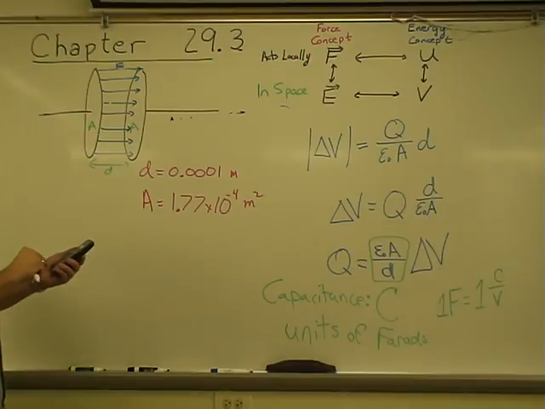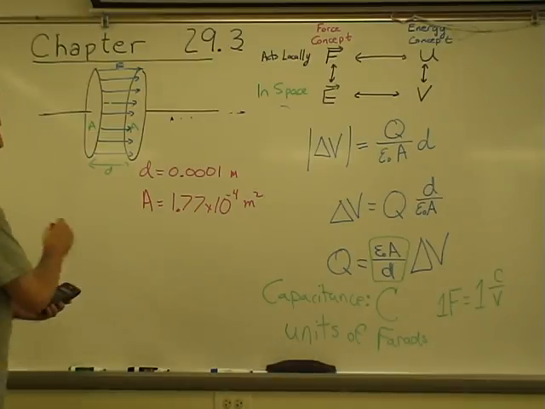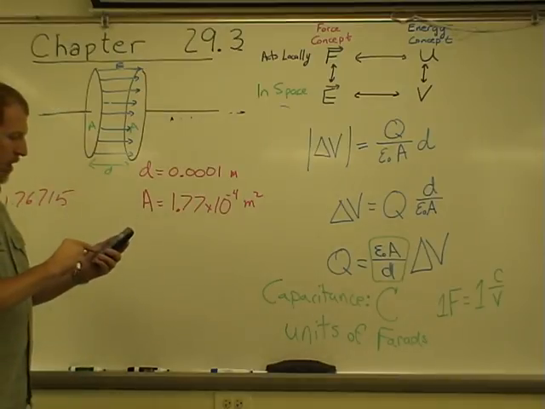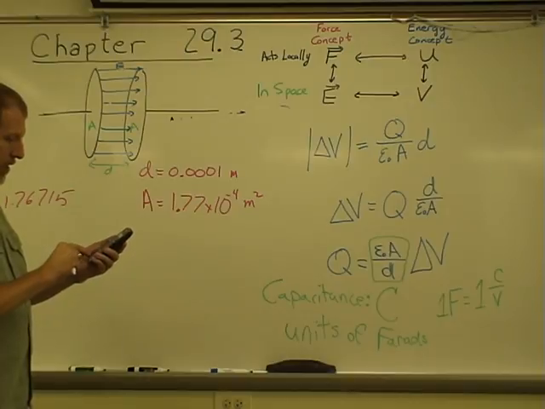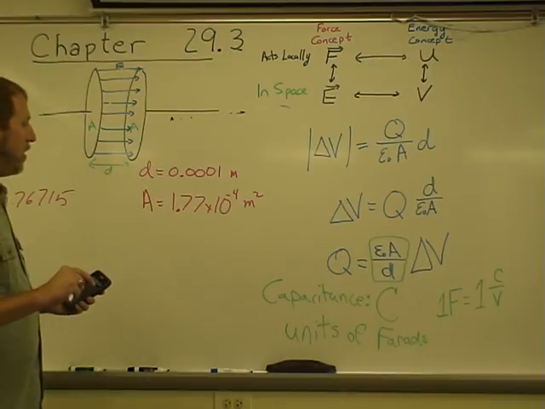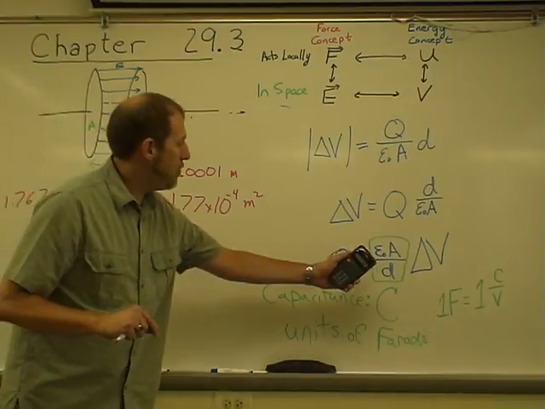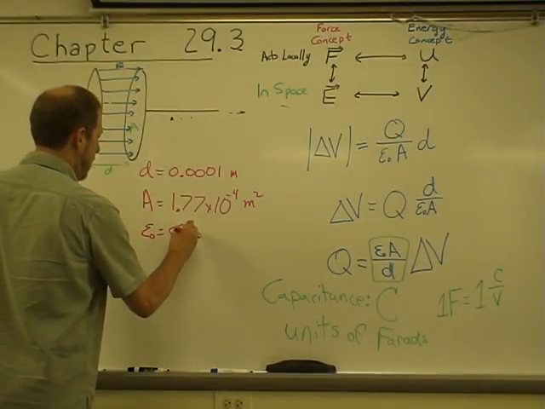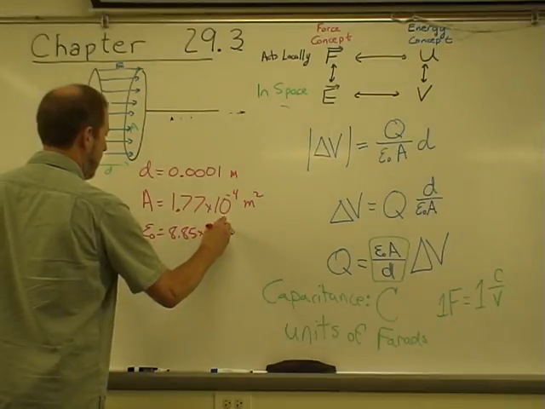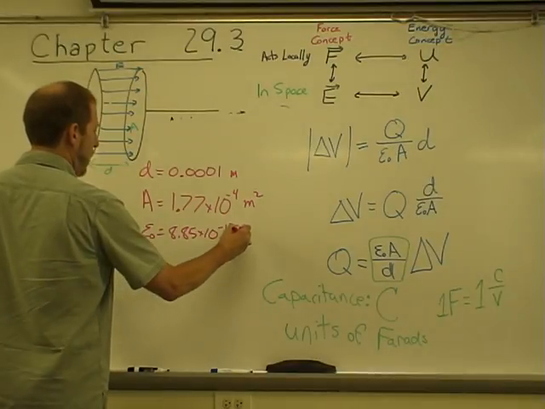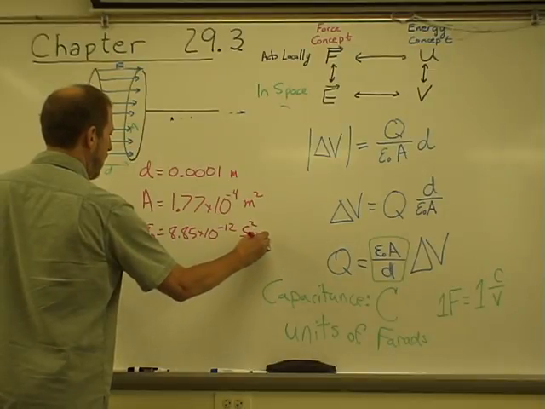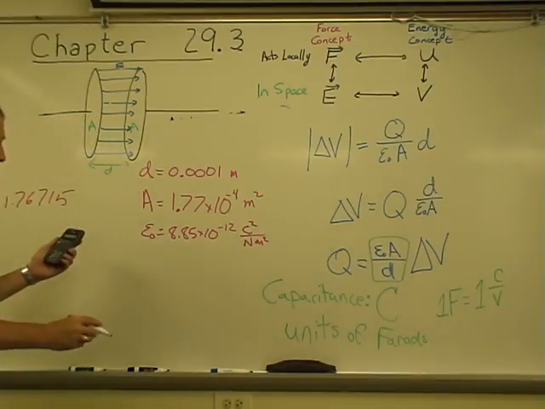Now, epsilon naught is 8.85 times 10 to the negative 12th coulomb squared per newton meter squared.